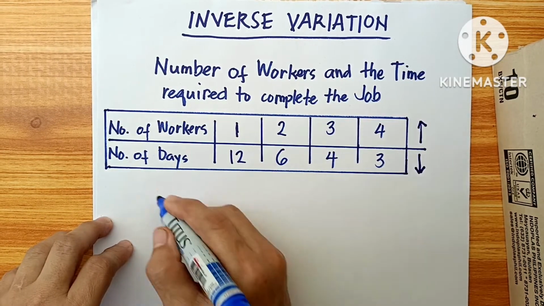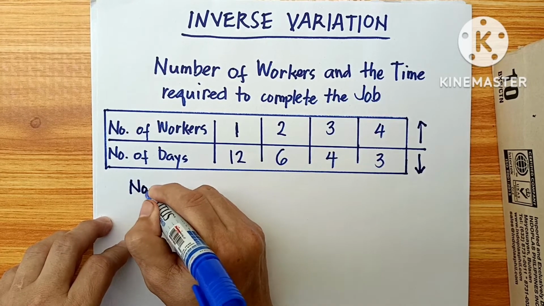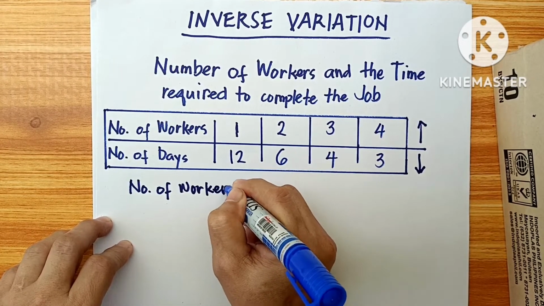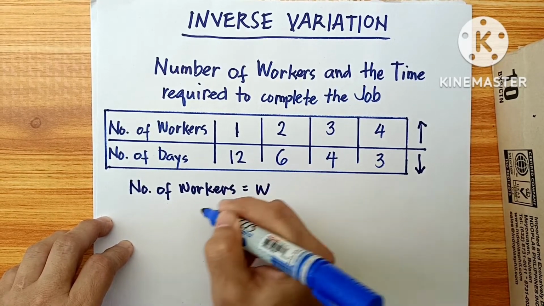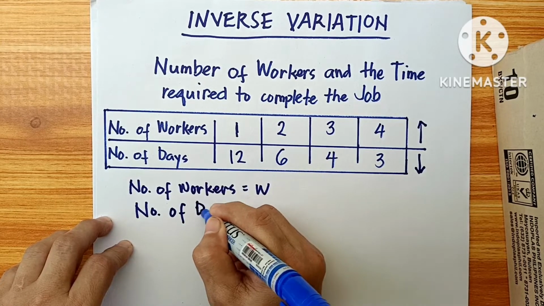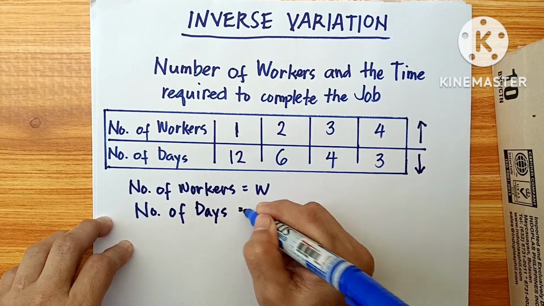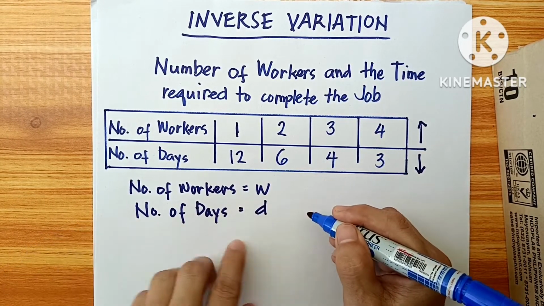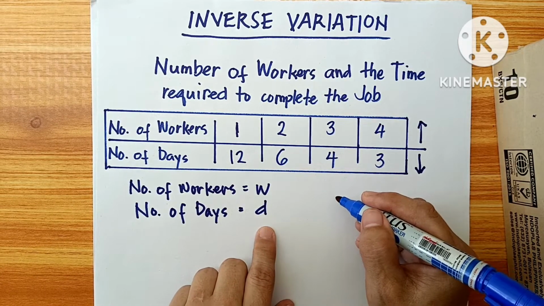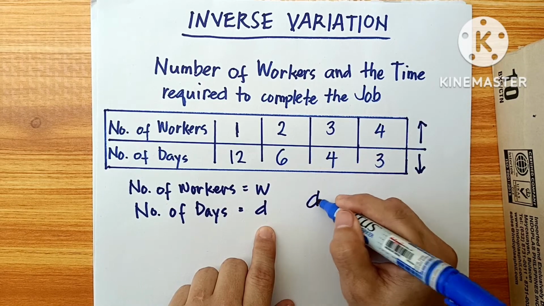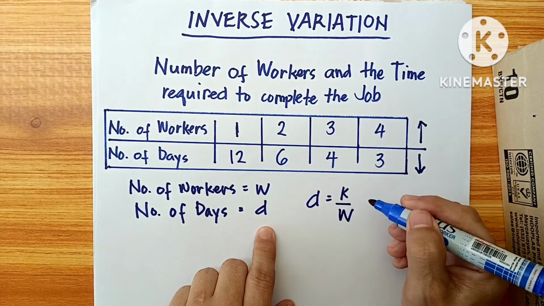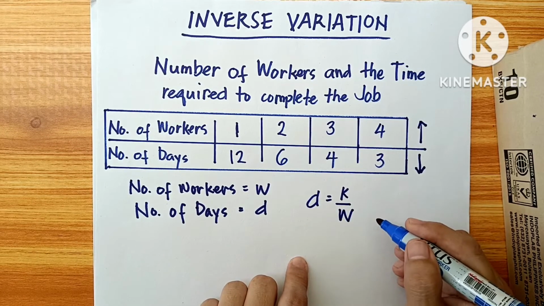If we denote the number of workers by W and the number of days by D, and we say that the number of days varies inversely with the number of workers, then D is equal to K over W. So that is the formula.